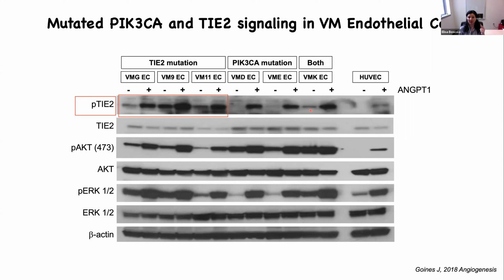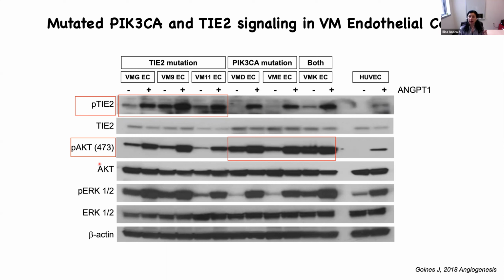It is a little bit when you have both Tie2 and PIK3CA. You can see here in HUVEC, there is no activation, but when we add angiopoietin-1, you can see it there. And with angiopoietin-1, we can also overstimulate the Tie2 mutant ECs from patients. But also the PIK3CA mutant seem to have an enhanced response to angiopoietin-1 compared to the HUVEC.